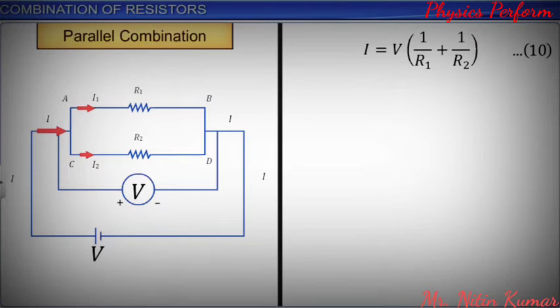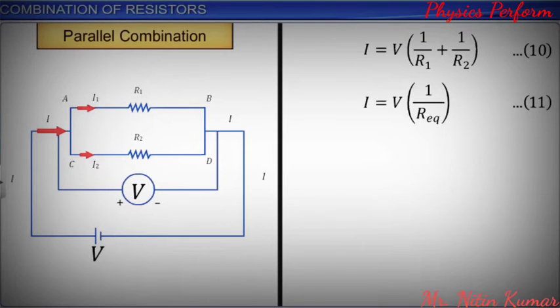Equation 10 can be rewritten in the form I is equal to V into 1 by Req. Let this be equation 11. Req is the equivalent resistance of the parallel combination of resistors.